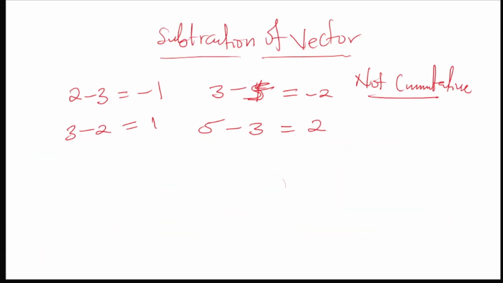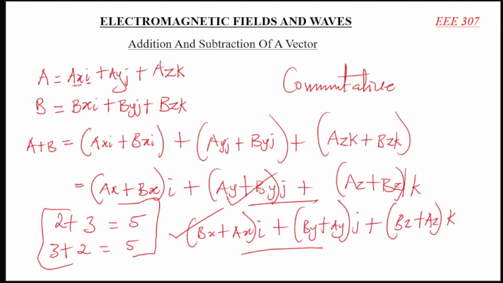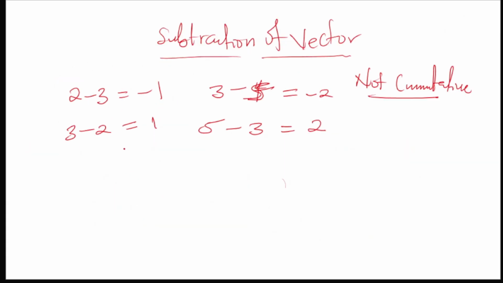Now, if we want to rephrase this, the way you want to represent your subtraction of vectors, the way we had it here. Look up. What we had there was simply vector A to be AXi plus AYj plus AZk.